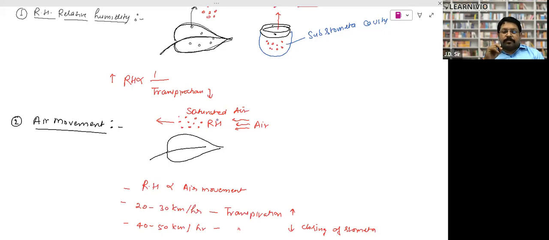Next point. When the speed of wind increases and the weather becomes stormy, it makes stomata close down.